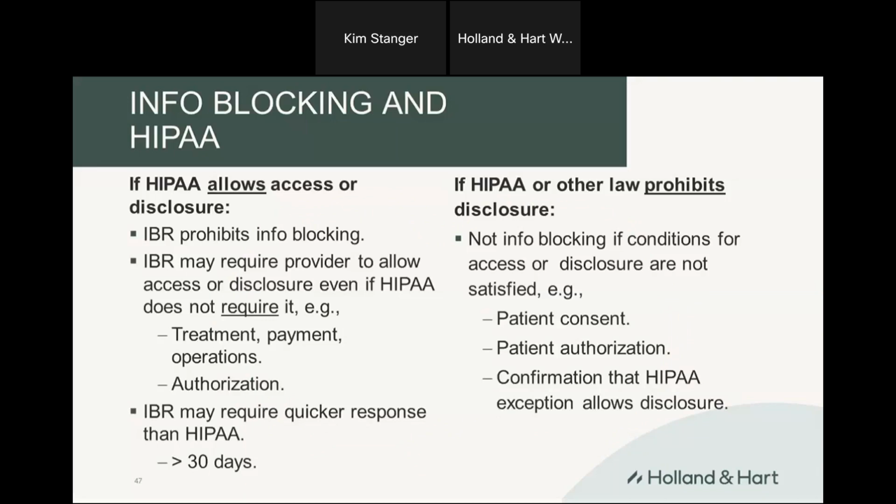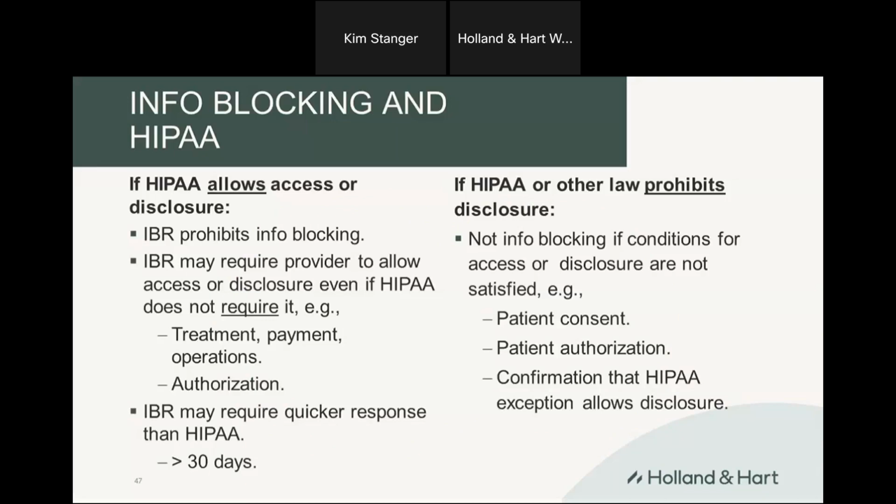So to briefly summarize the interaction with HIPAA, if HIPAA allows access or disclosure, then the IBR generally in that situation prohibits information blocking. So HIPAA would allow it, but the IBR says you cannot block the access. So you would generally be required under the IBR to provide that access, so long as HIPAA does not prohibit you from doing so.